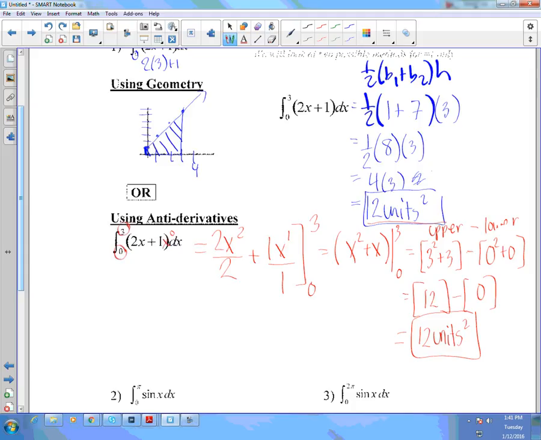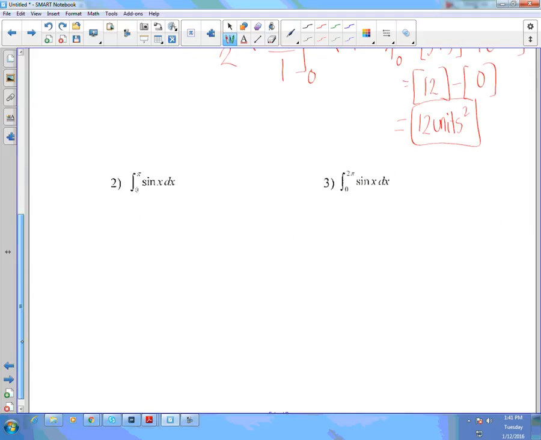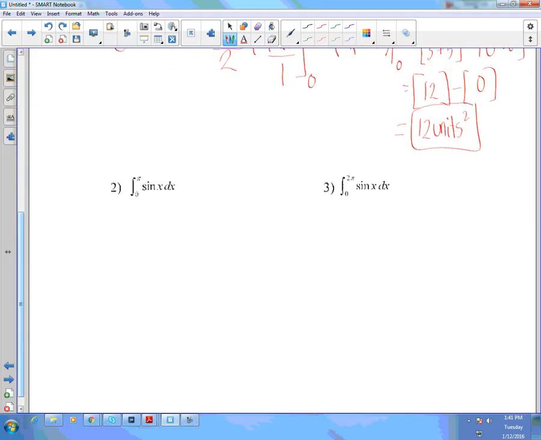Okay. Now looking at the trig function. Okay, careful. The derivative is sine. What's the antiderivative? If you take the derivative of this function, how do you get positive sine? Good job.